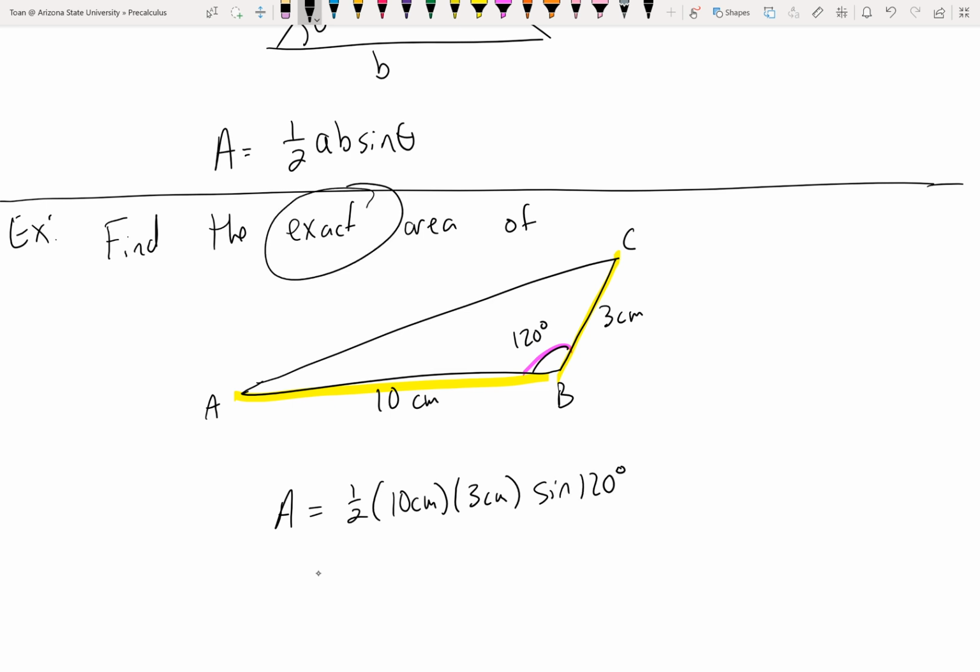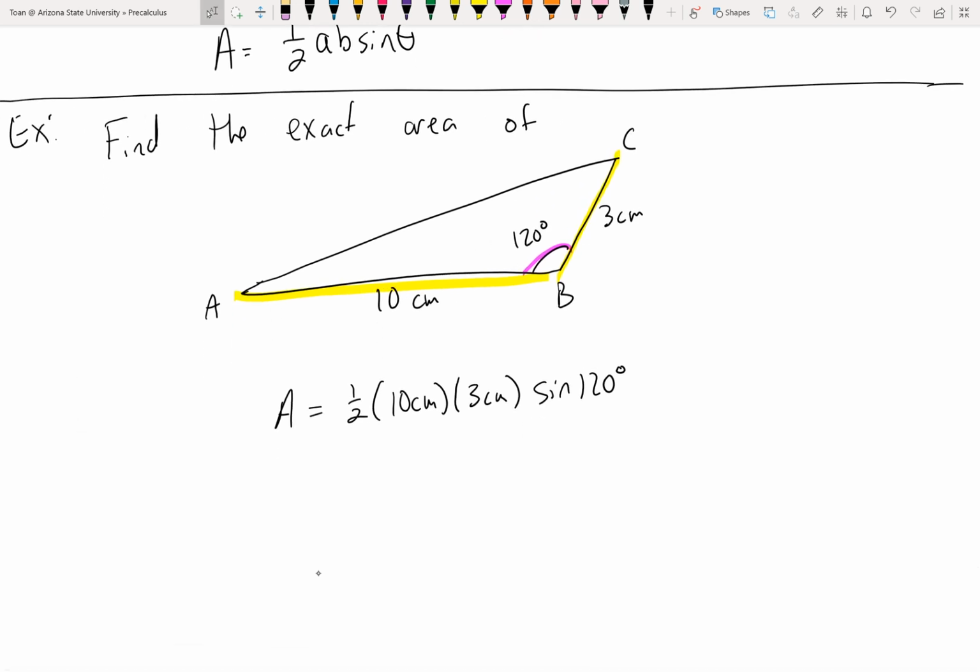Now notice it said the exact area. That means you should not use a calculator. We need to remember Unit 5 and how to use unit circle angles. So this is 15 centimeters squared times the sine of 120. Let's just do a quick review here. The reference angle is 60 degrees. 120 is in quadrant 2, so sine is positive in quadrant 2, so that's good.